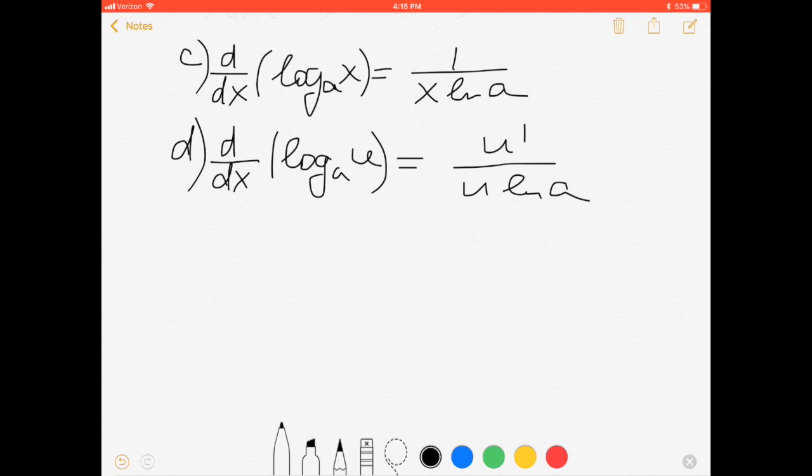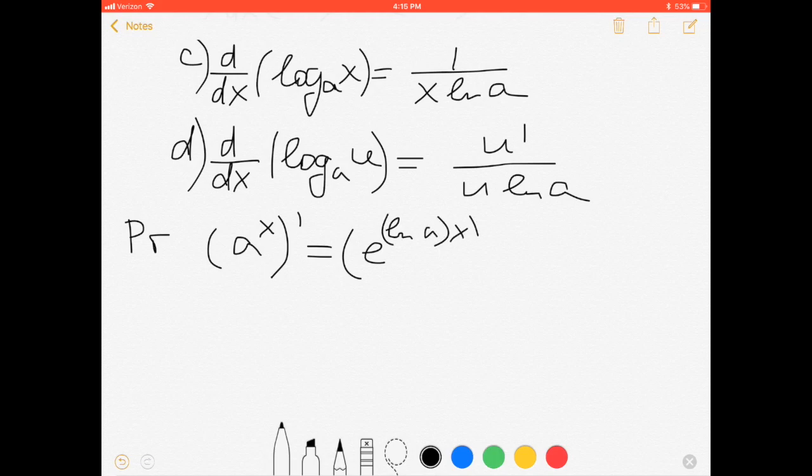Okay, proof. A: a to the exponent x, take the derivative. We remember our identity. This will be e to the ln a times x. Take the derivative. Here is an exponential function with base e.